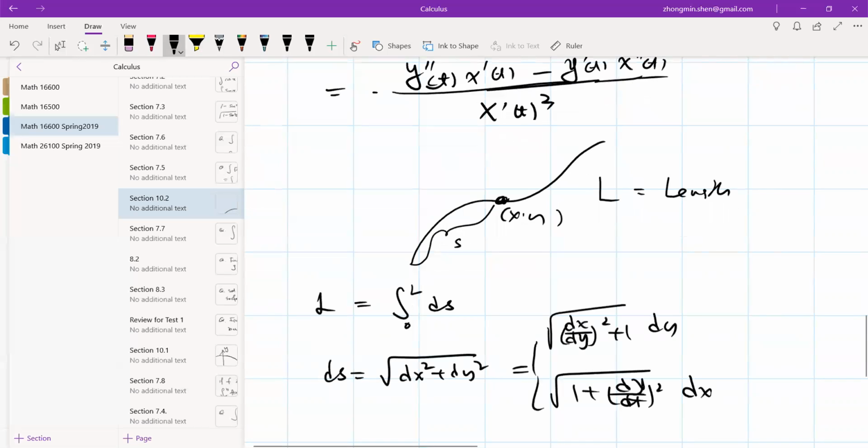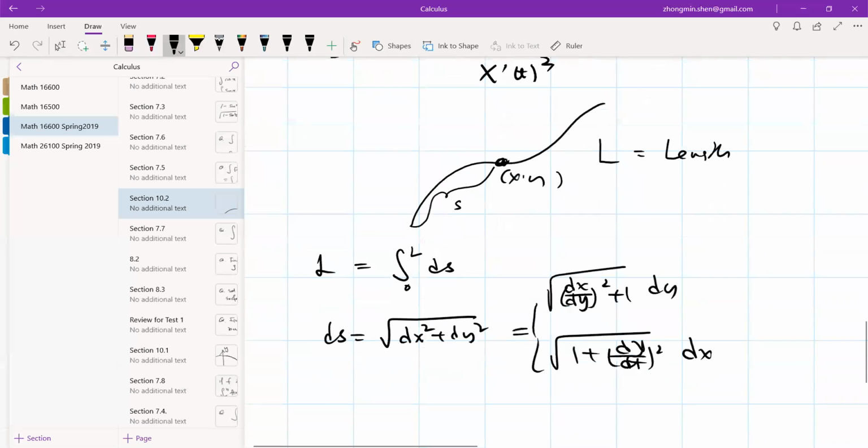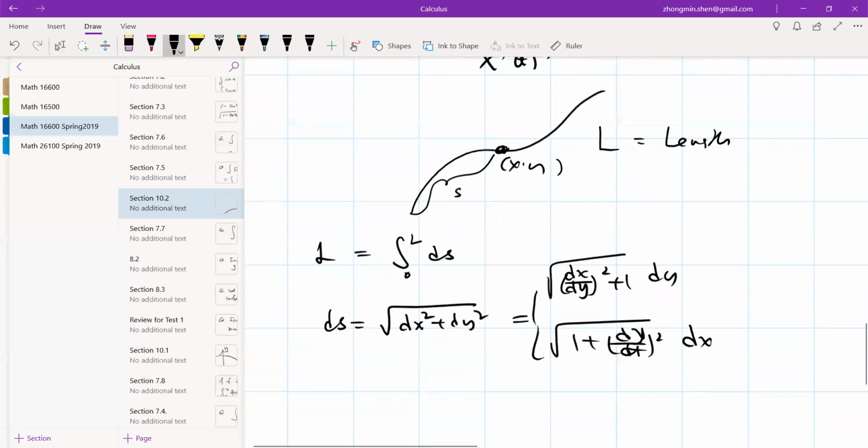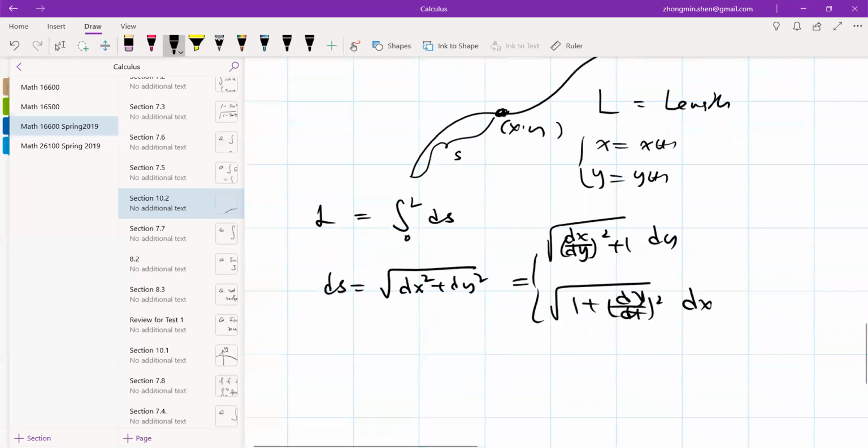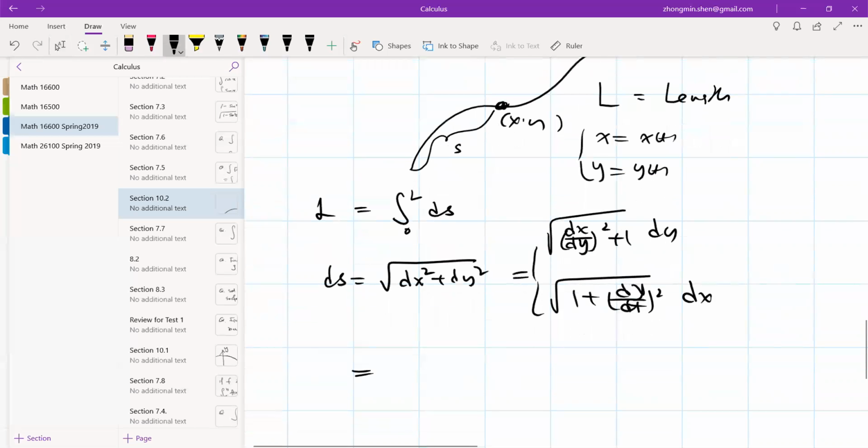Now for this new section, you can also introduce another variable. If the curve is parameterized by x of t, y of t, then you can also divide dx and dy by dt.